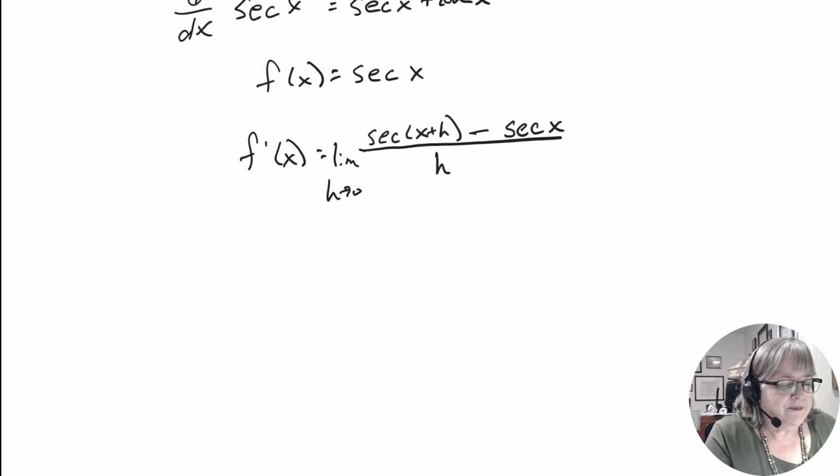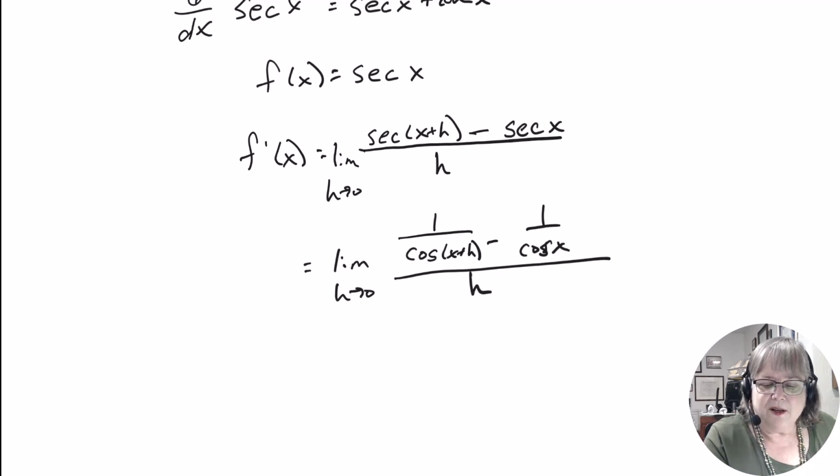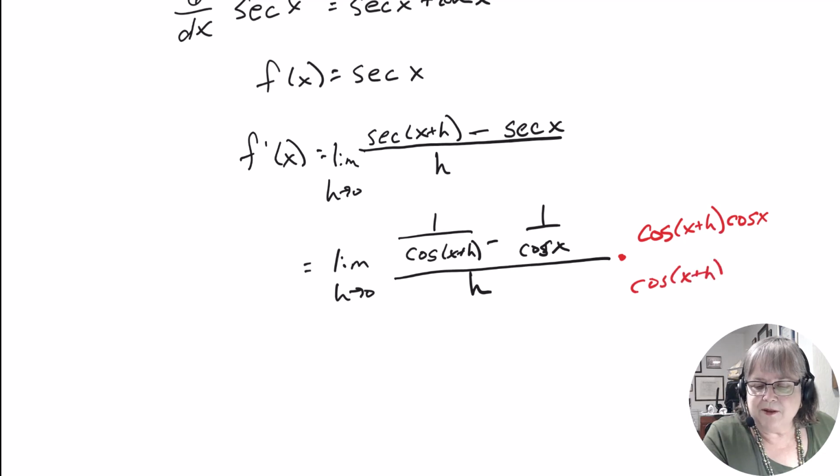All right. So this is the limit as h goes to 0 of 1 over cosine x plus h minus 1 over cosine of x, over h. And it's another complex fraction. It's going to become our favorite technique. Multiply top and bottom by your common denominator.